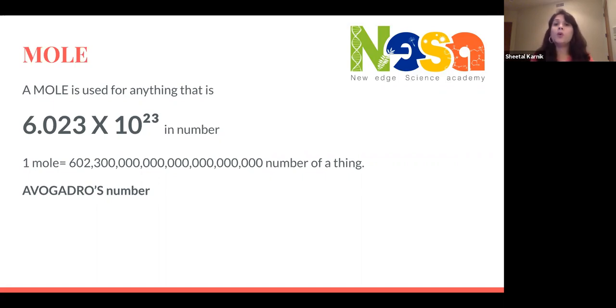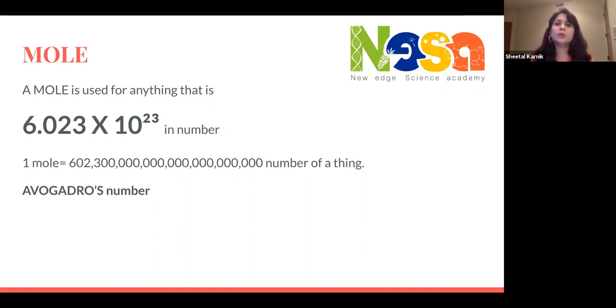Here, 1 mole of anything is this big number. As you can see, it's a big number of that particular thing that they are looking at. This number is also called Avogadro's number, and it is named after the scientist Avogadro.